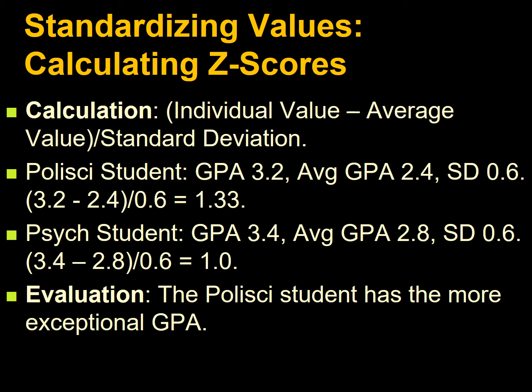The psychology student has a GPA of 3.4, an average GPA of 2.8, with a standard deviation of 0.6. 3.4 minus 2.8 divided by 0.6 is equal to 1.0. So how do we evaluate this? Well, the political science student has the more exceptional GPA because their standardized value of 1.33 is greater than the standardized value of 1.0.